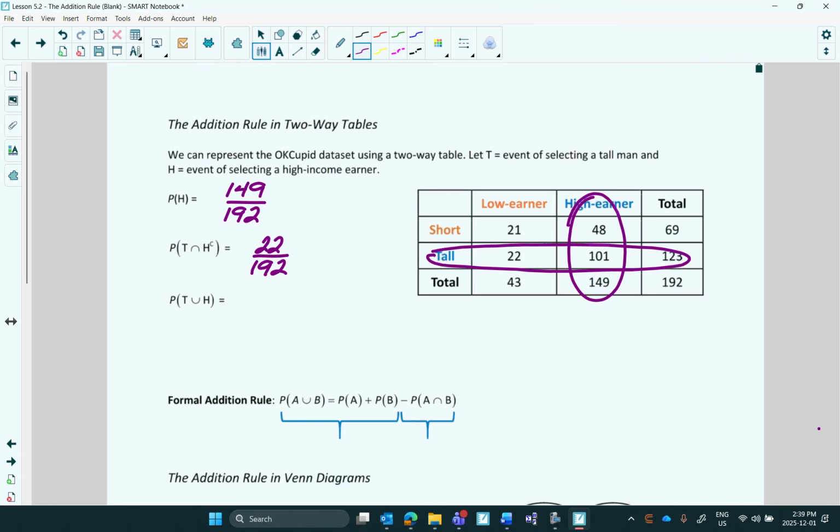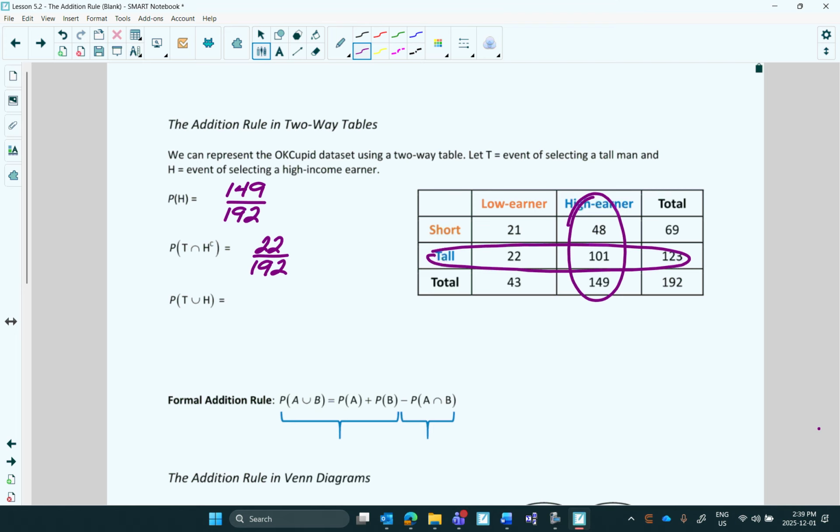The total number of high earners, the total number of tall people, but I double counted this cell twice, didn't I? So if you add this and take away this, or you can add these three, you're going to get the same answer. But I just wanted to show you the add then subtract, because that's actually the probability rule, the addition rule.